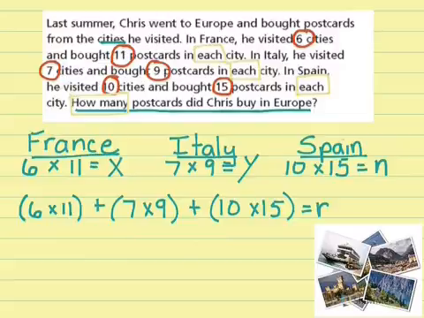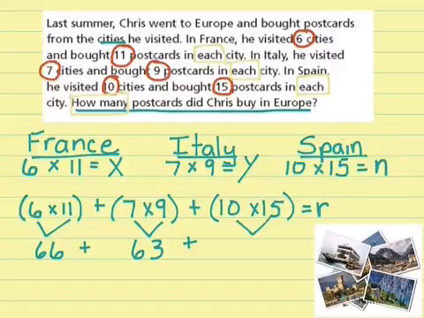So we're going to use our parentheses here to solve. So I know 6 times 11 is 66 plus, parentheses first, 7 times 9 is 63 plus 10 times 15, 150. If I add my three numbers, let's see what I get.